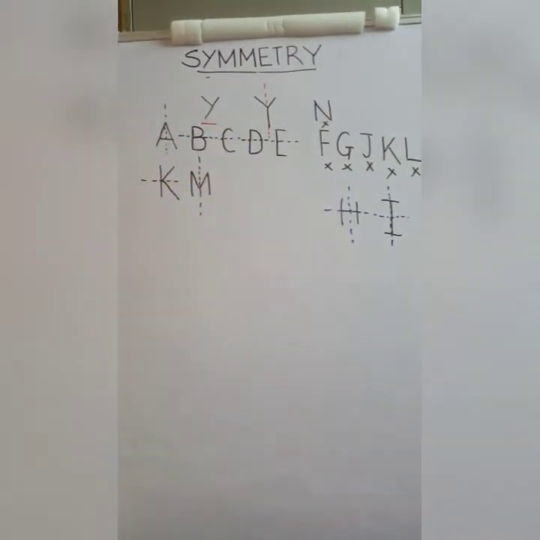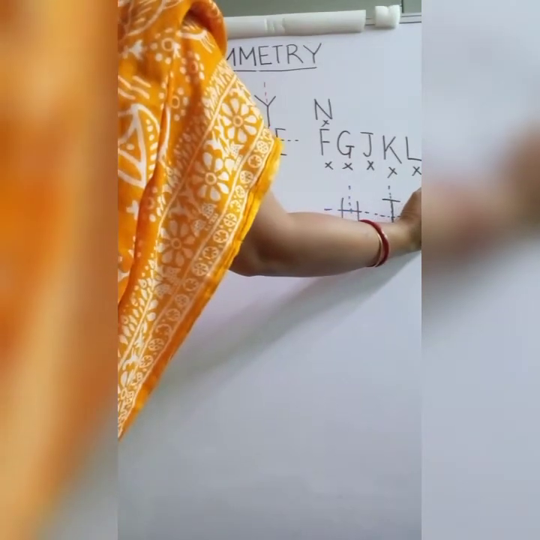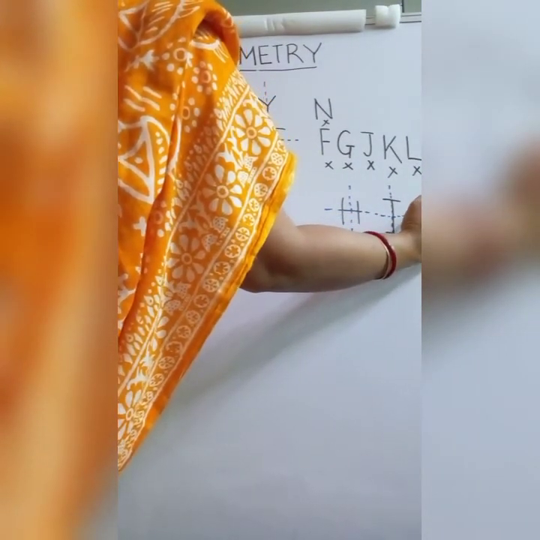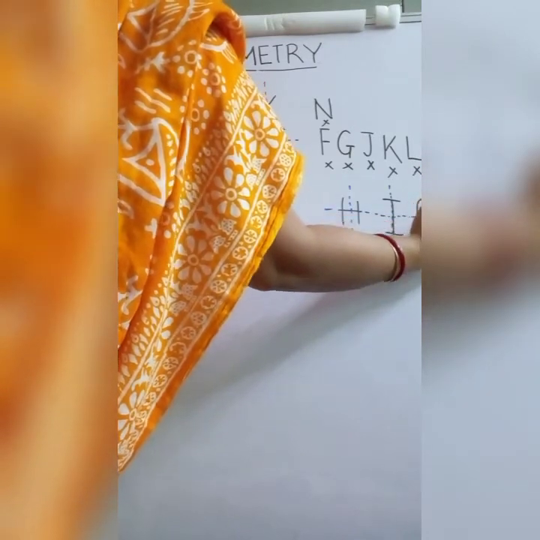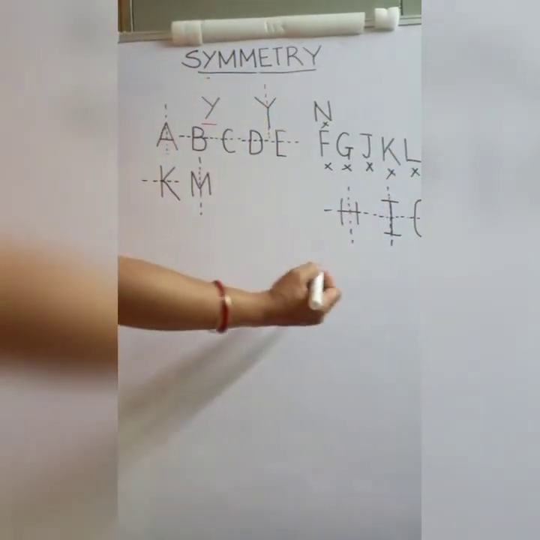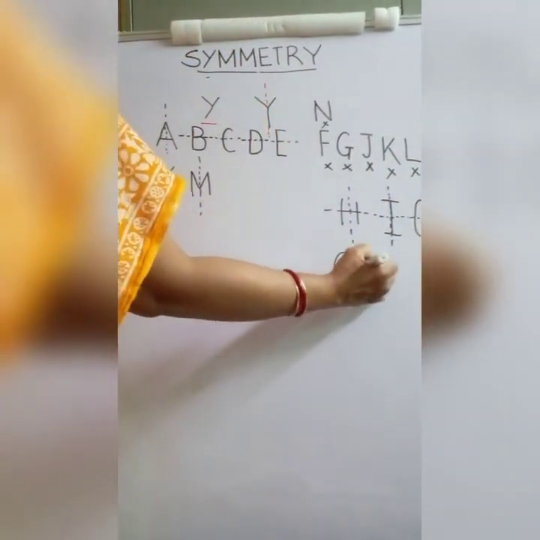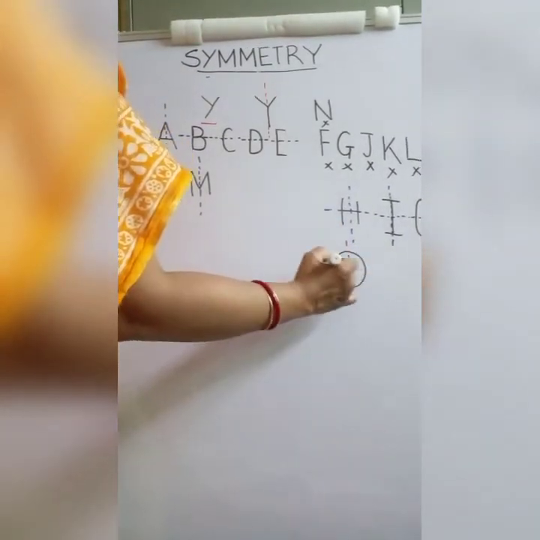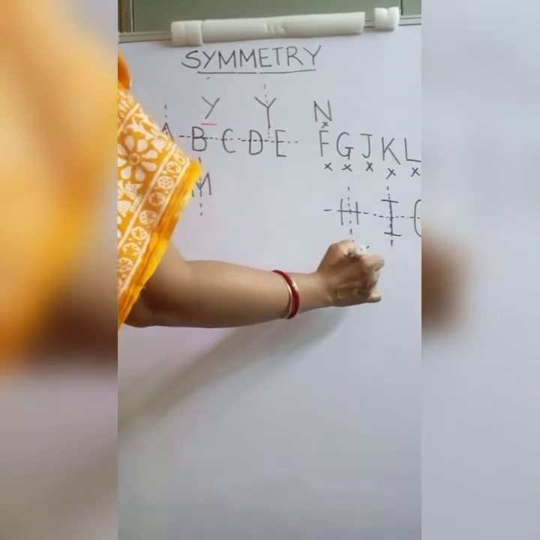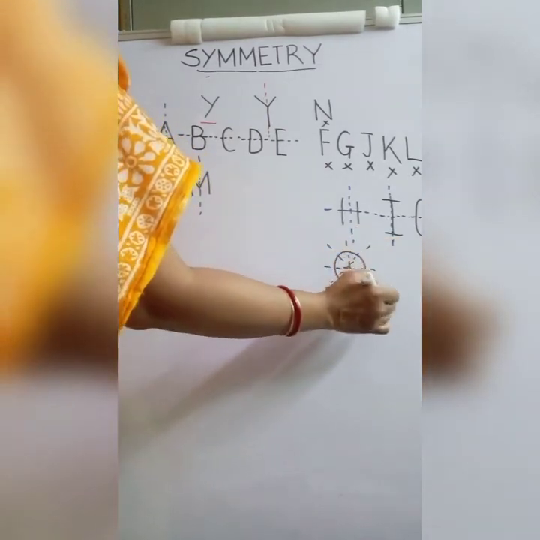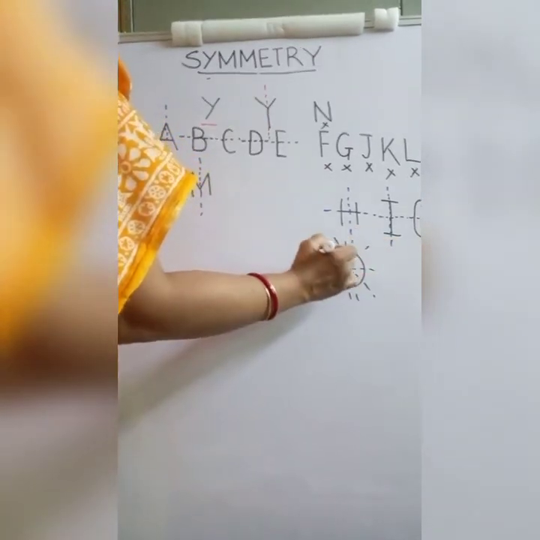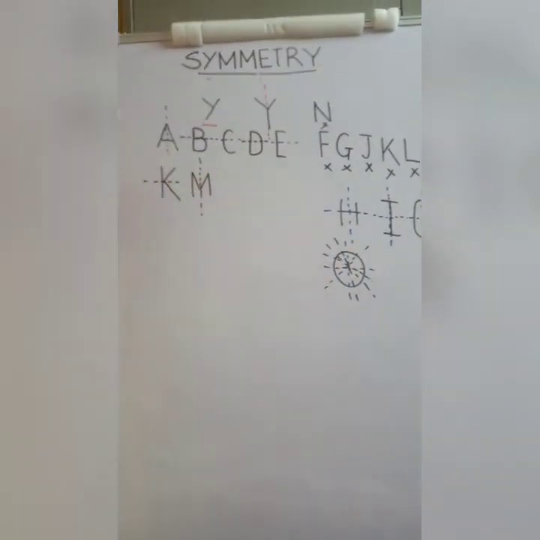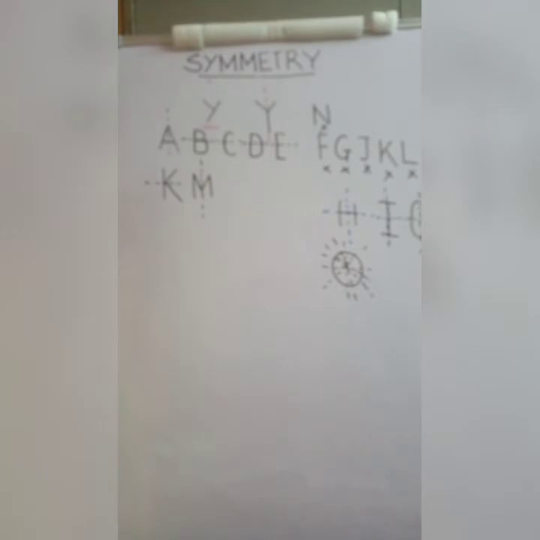O, children, when O is written like this, it has two lines of symmetry. When O is written like this, a whole circle, then it has infinite lines of symmetry, uncountable diameters of a circle, uncountable spokes of a wheel, so uncountable lines of symmetry.